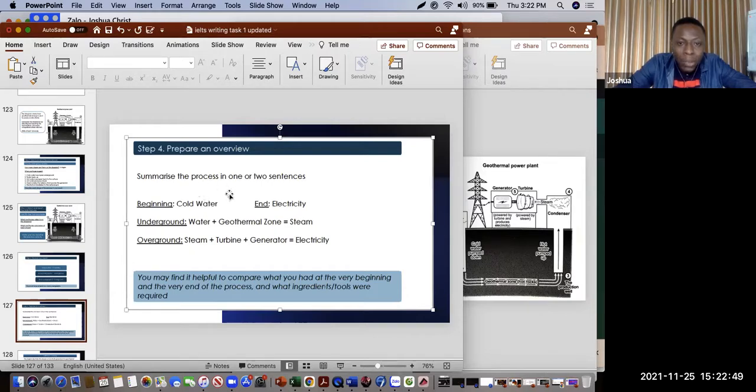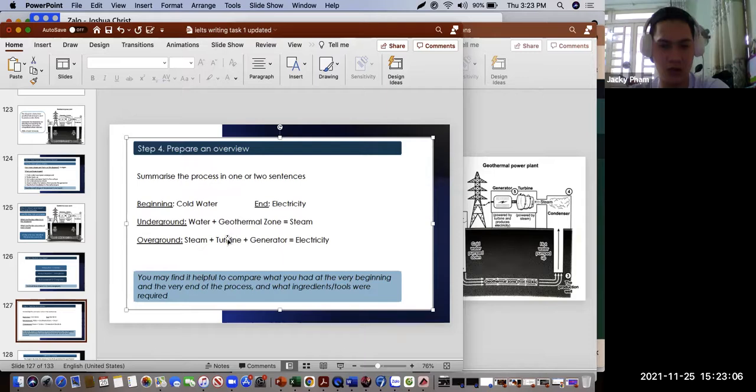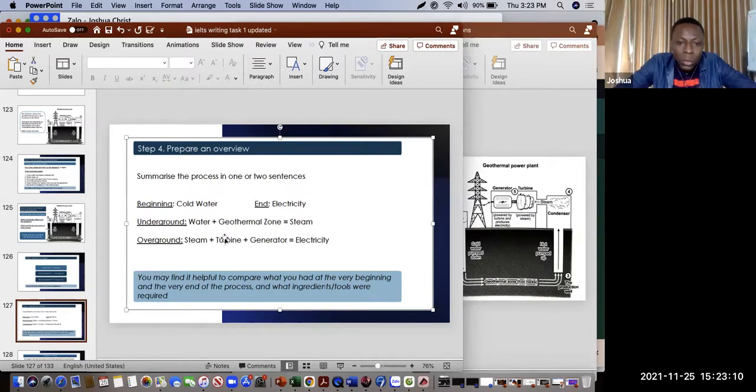So the entire process is using cold water, which goes through the geothermal zone to produce steam. The steam is then passed through a turbine, which rotates to generate electricity using the generator. Finished.